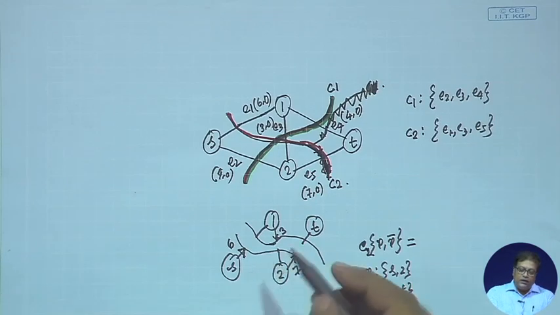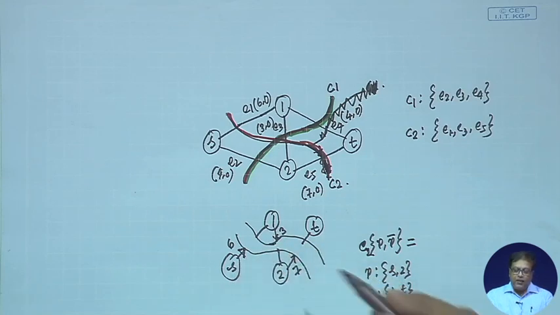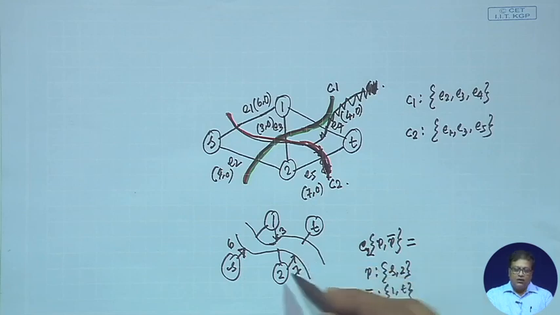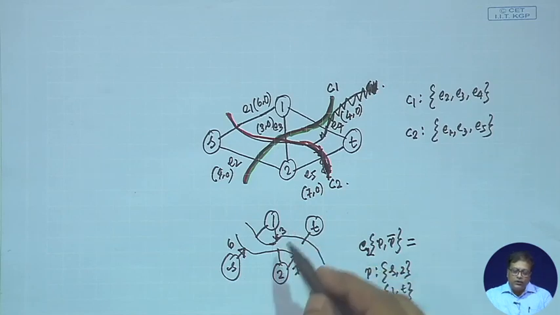So, look here, how much flow can pass from S to 1? 6. How much flow is 2 to T? 7. No problem at all. But what about 1 to 2? The 1 to 2 maximum flow is 3 only.